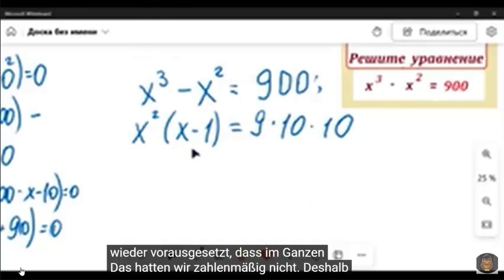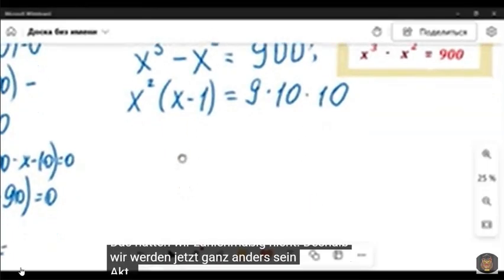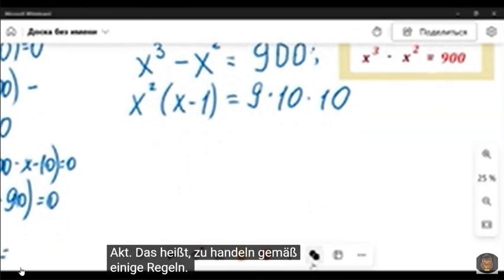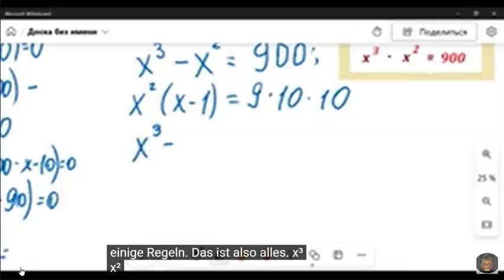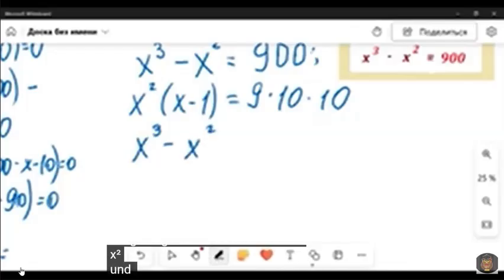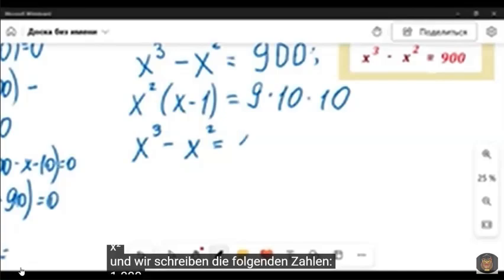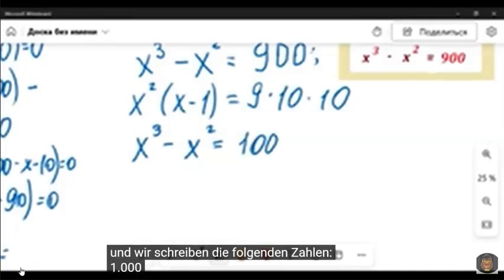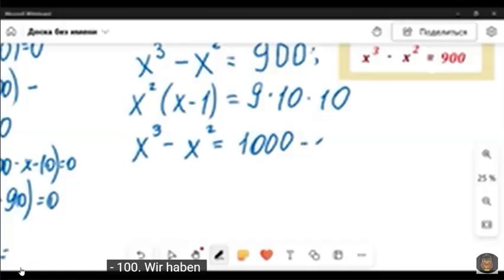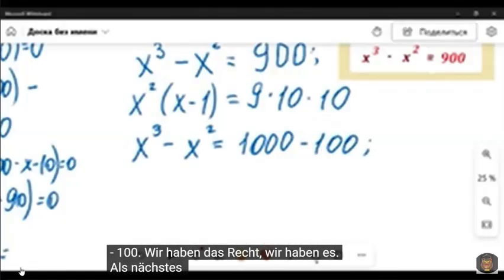Therefore, we will now act in a completely different way, that is, according to some rules. So, like this. X cubed minus x squared equals 1000 minus 100. Next, we transfer these whole numbers to the left side.